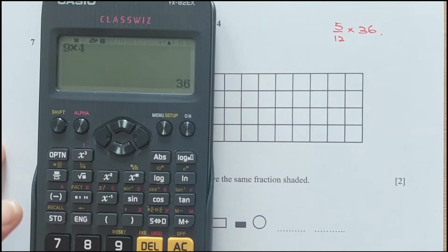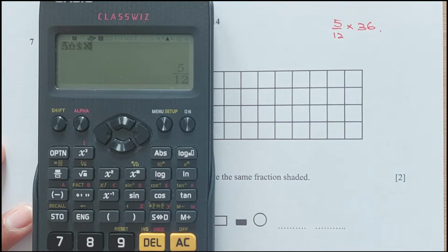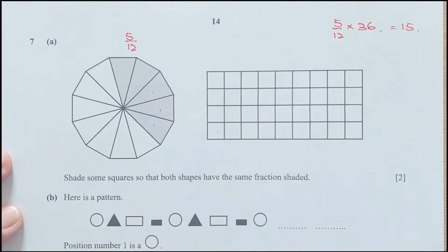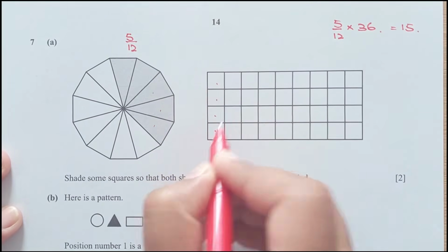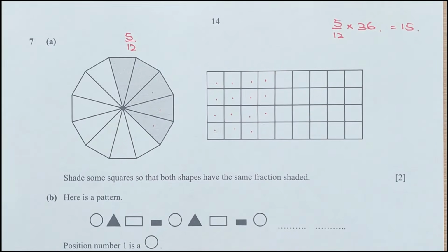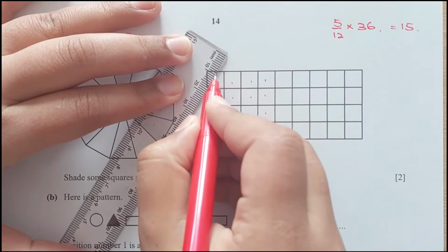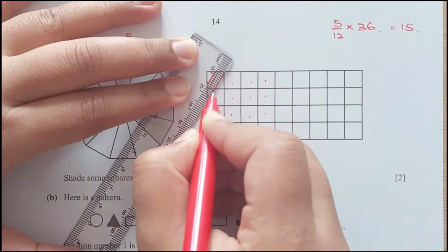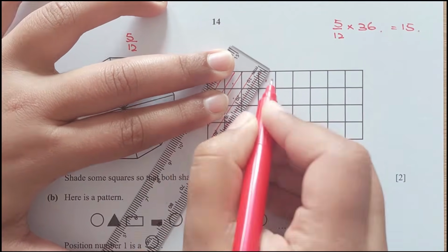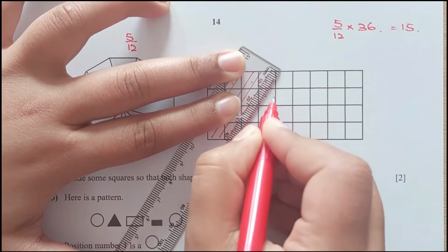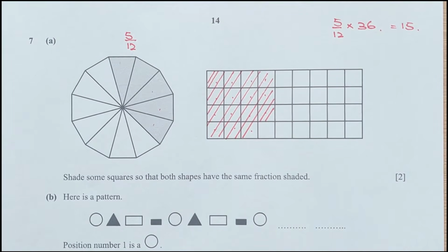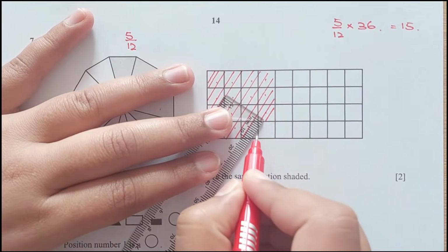So it means we have to shade 15 squares, right? 1, 2, 3, up to 15. So let me shade them. You have to color these, and this as well, the bottom.